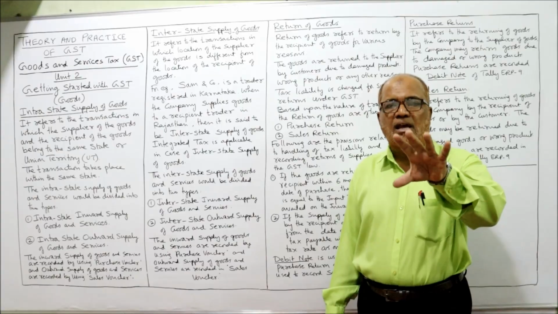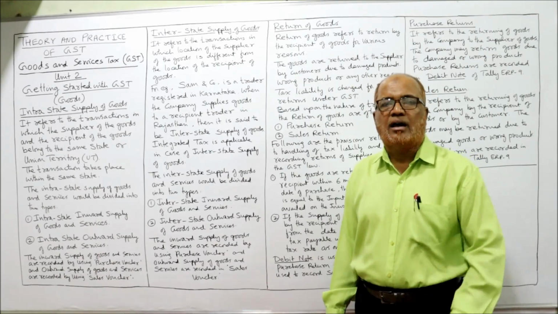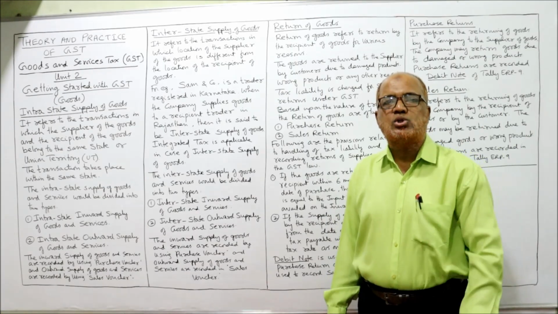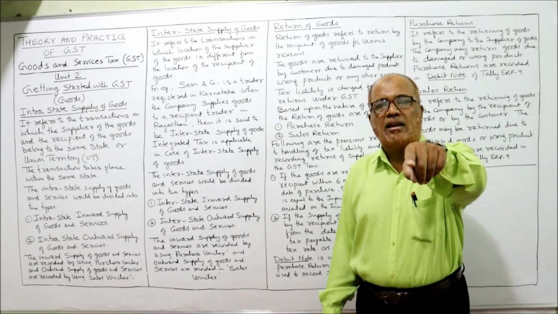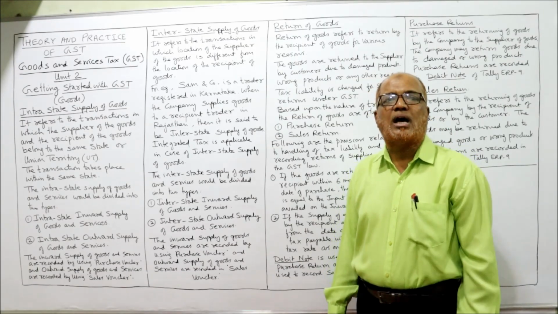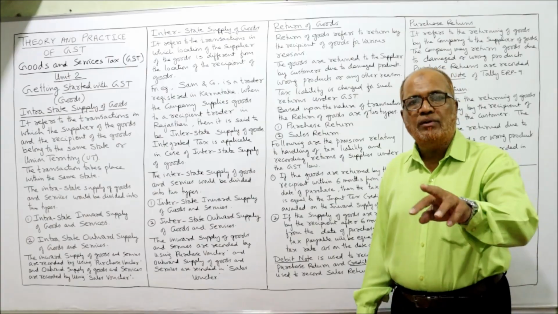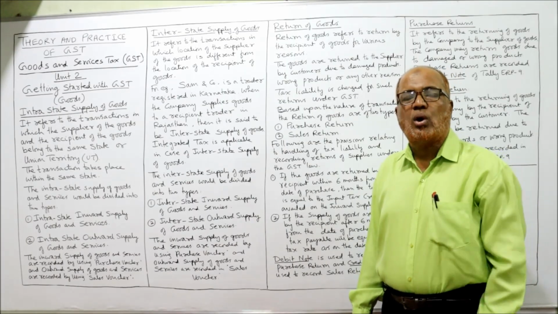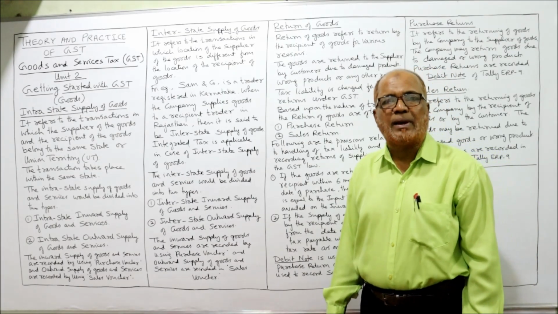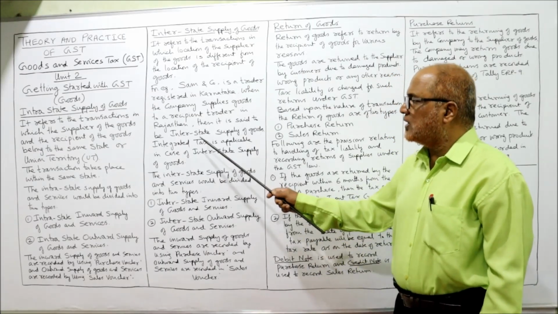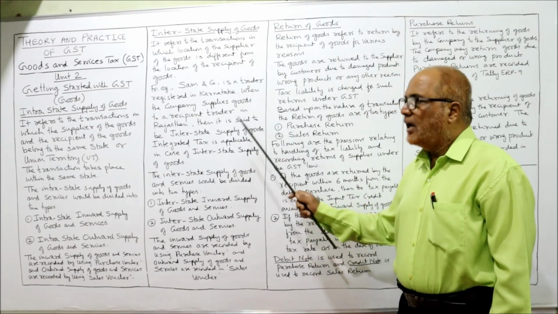The recipient belongs to Rajasthan. So two different states. It is called interstate supply of goods.